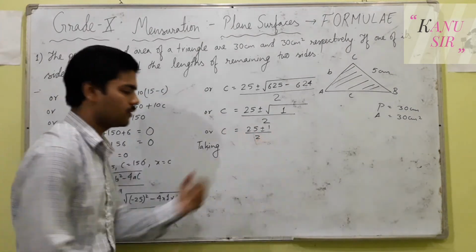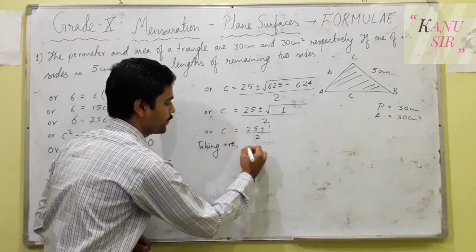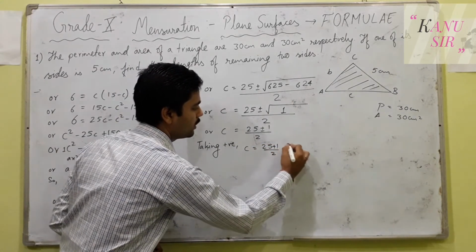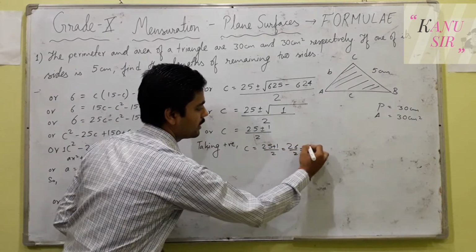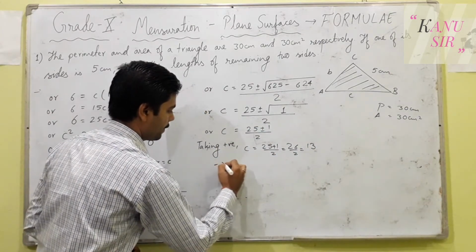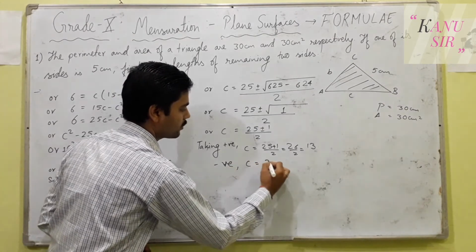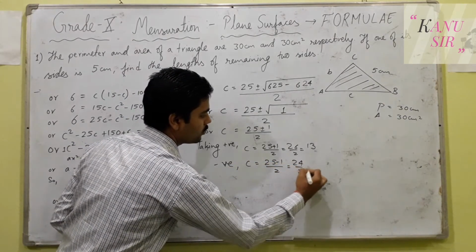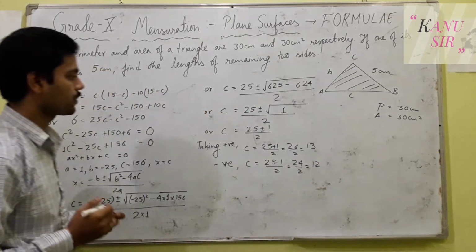Taking positive, c is equal to 25 plus 1 divided by 2, which is 26 by 2, you will get 13. And taking the negative value, c equals 25 minus 1 by 2, you will get 24 by 2, that is 12.